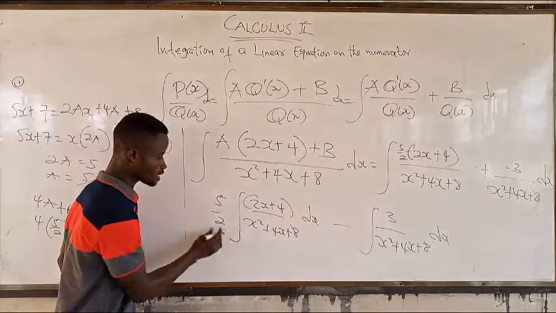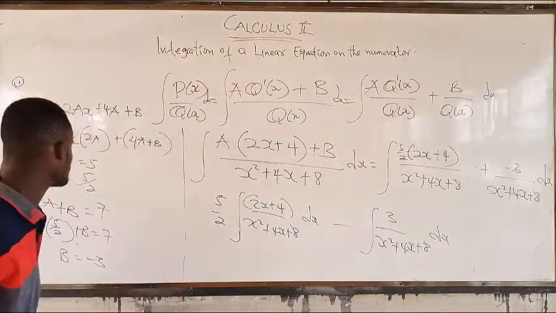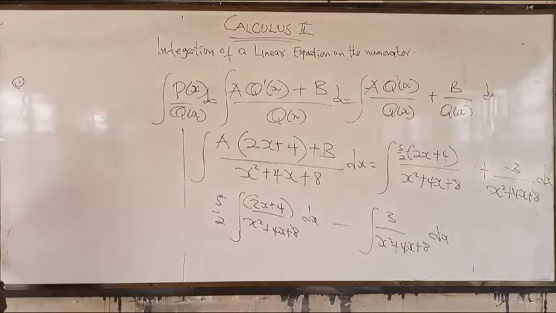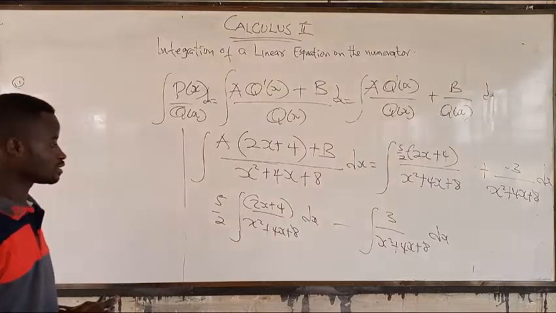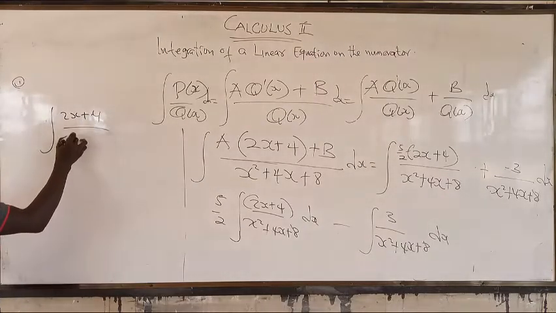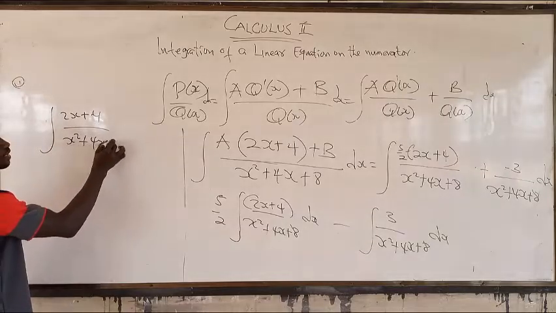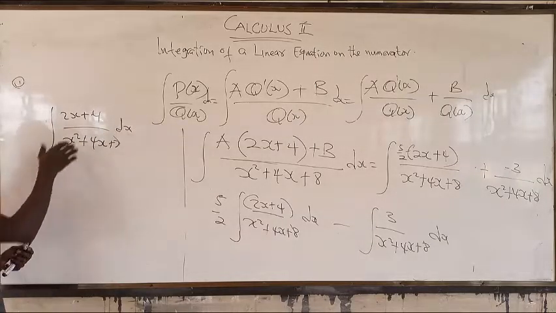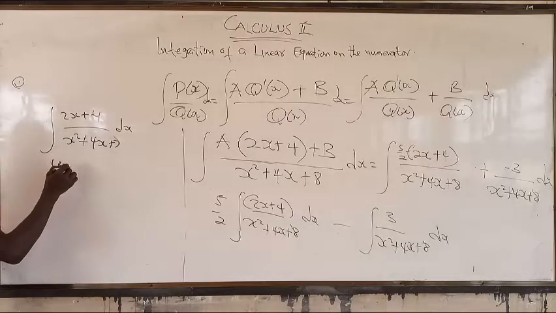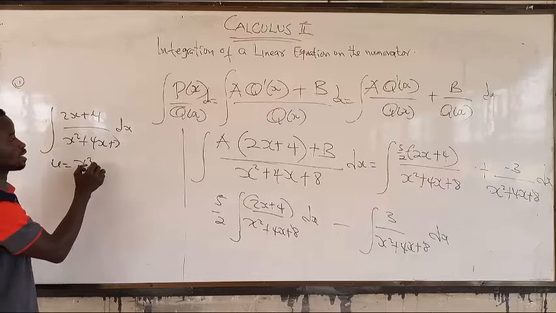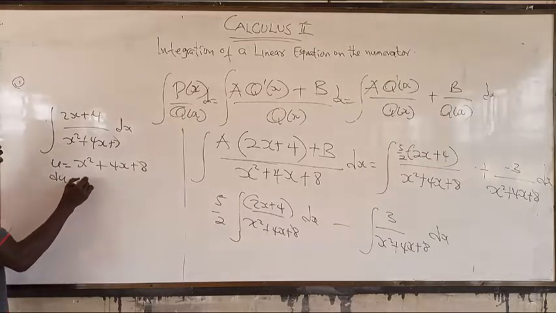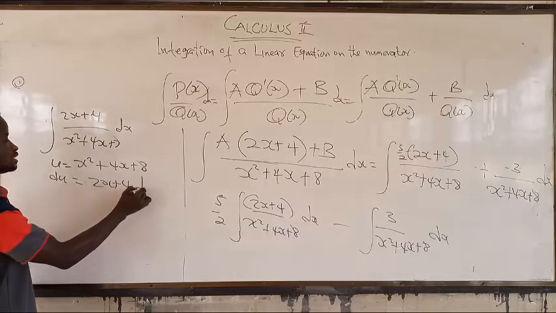I'm just going to code this right away, but before that, let me show you something, for you to see it with your naked eye. Now if you have the integral of 2s plus 4 over s squared plus 4s plus 8, note that the numerator is the derivative of the denominator. So if you set s squared plus 4s plus 8 to be u, you get du equal to 2s plus 4 ds.